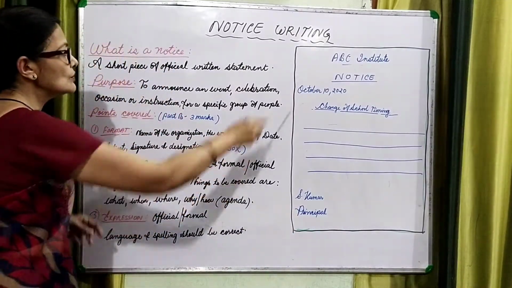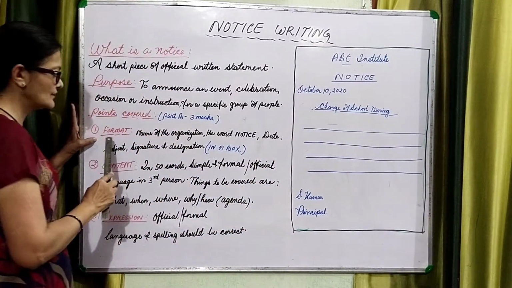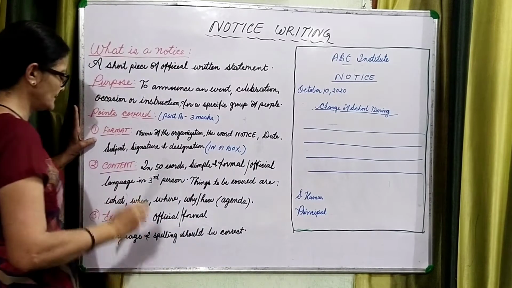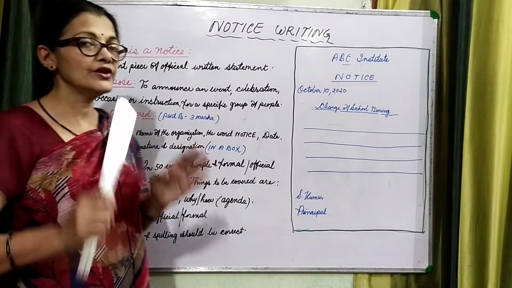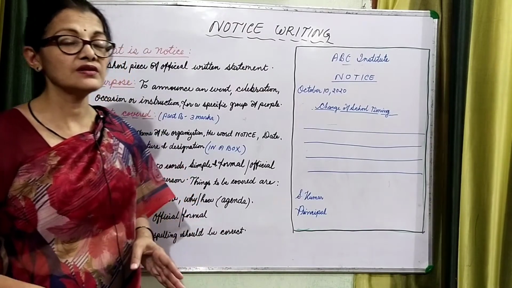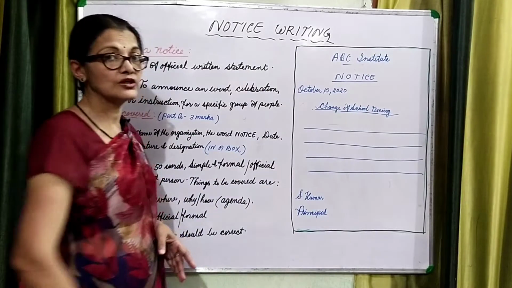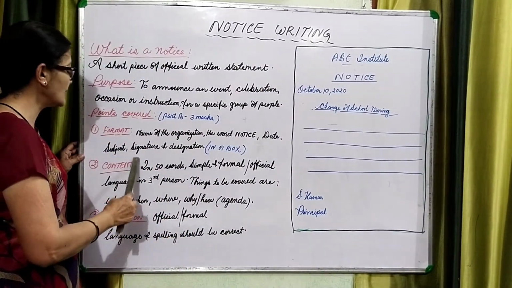So all these things in blue make part of your format. If this is correct, then fine. Now what is the second thing? Second thing, and a very, very important thing, the main thing, the essence of what we are learning today, that is notice. What is the second main part?